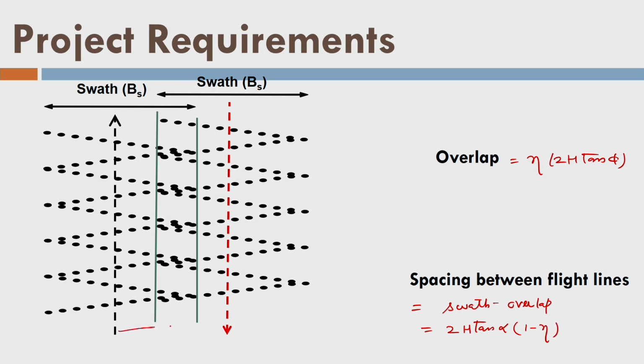So this spacing is this much. As we know, if spacing is higher, it is beneficial to us because it will reduce the overall cost of the acquired data. At the same time, we cannot make the overlap equal to 0 because overlap is also required in order to maintain the continuity of the data between the data of two flight strips.